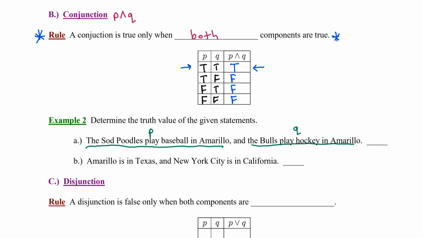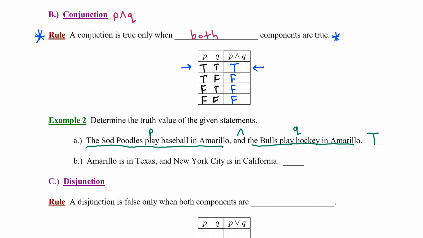And notice they're joined by the word and, by the connective and. So because both components of this conjunction are true, then the compound statement is true. So if we say the Sod Poodles play baseball in Amarillo and the Bulls play hockey in Amarillo, that compound statement is true.